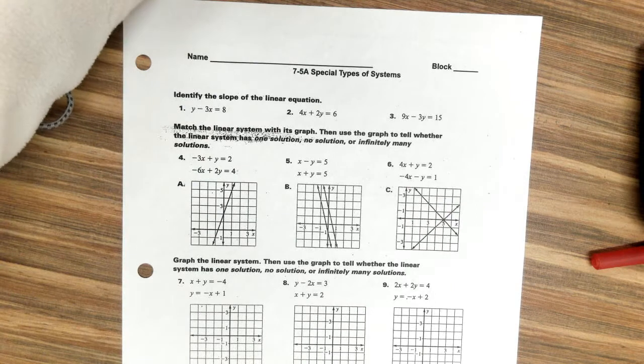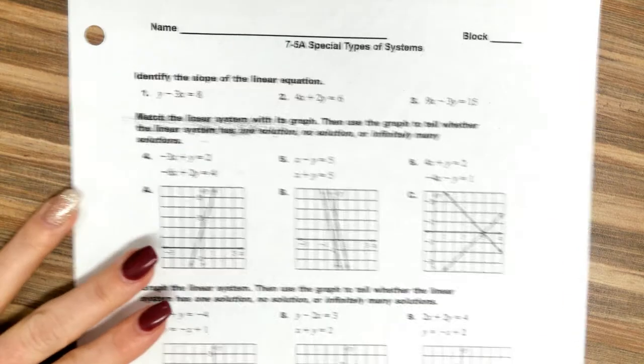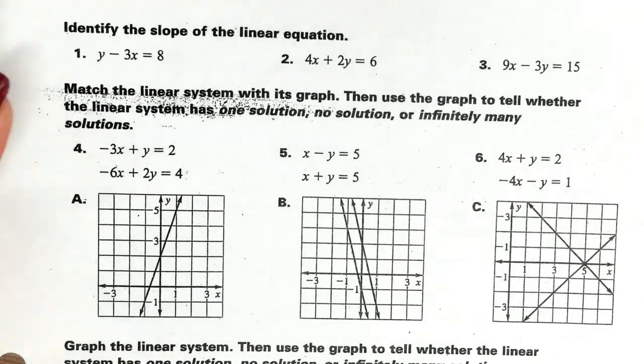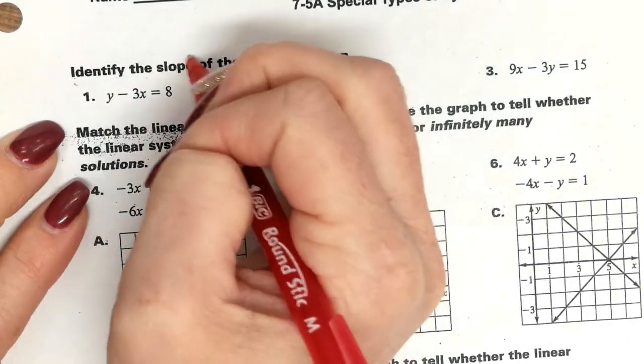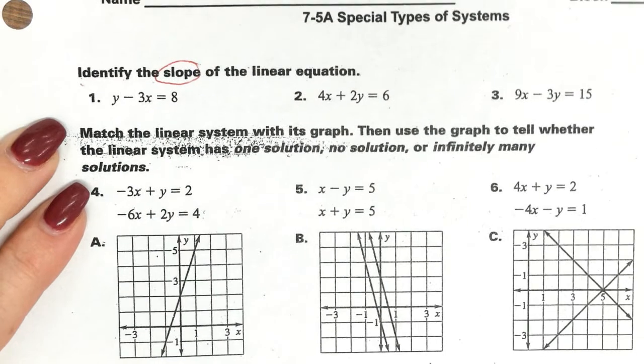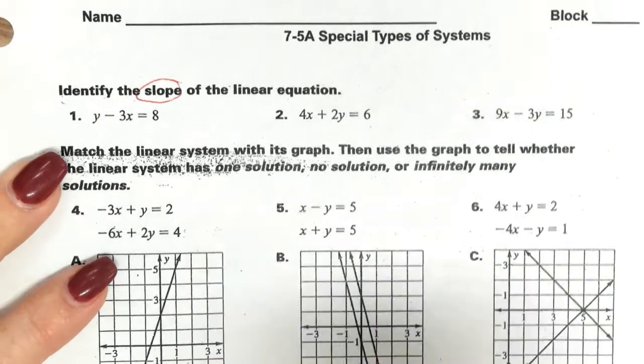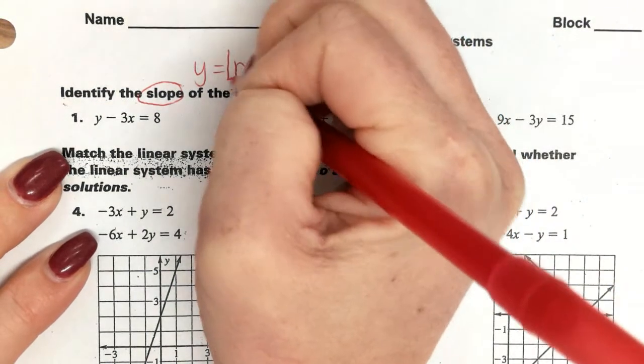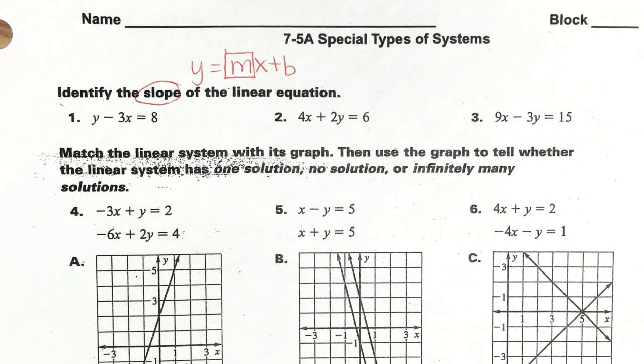Please read the directions. Don't just mark what you want to do. Sit up. Pay attention. Number 1 through 3 says what? Identify the... So you have to put it in y equals mx plus b form to identify the slope in the m spot. Y'all better be paying attention to the directions.